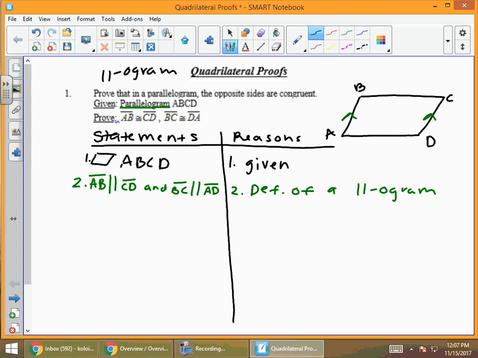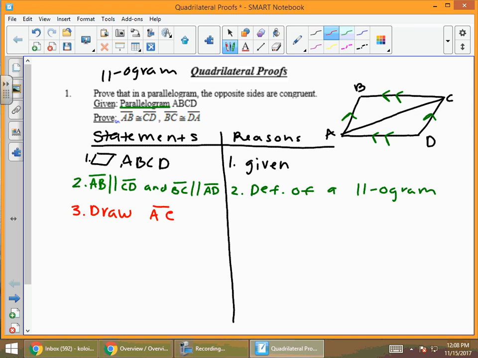You could have picked BD. But you have to state that you drew that in your proof. So for number 3, you're just going to write draw AC. Whatever line you drew, that's what you're going to say.